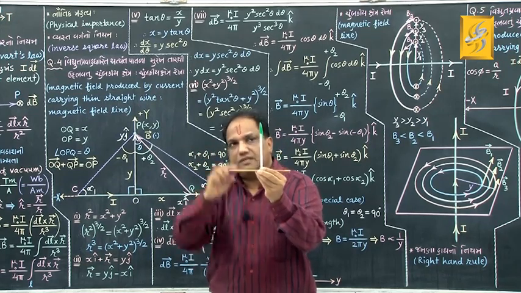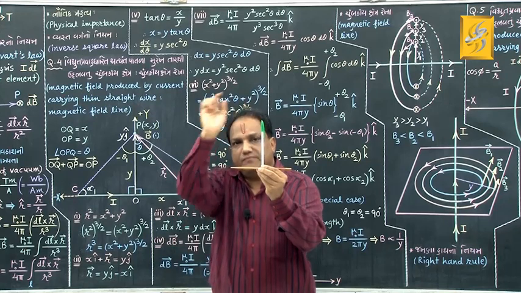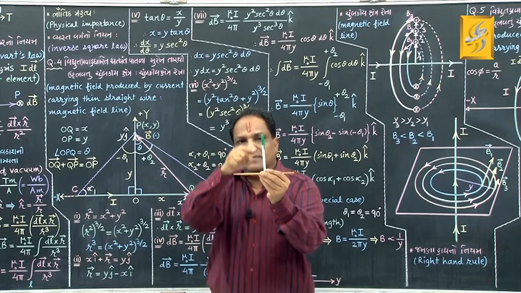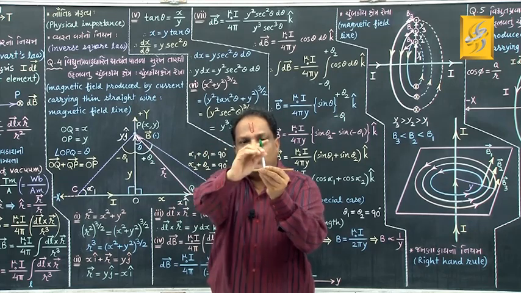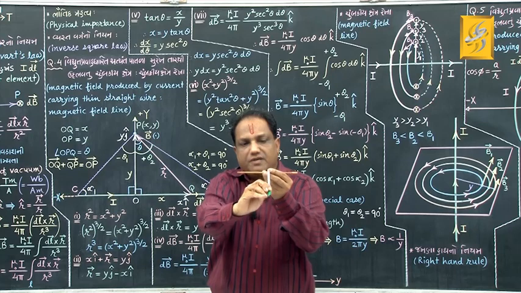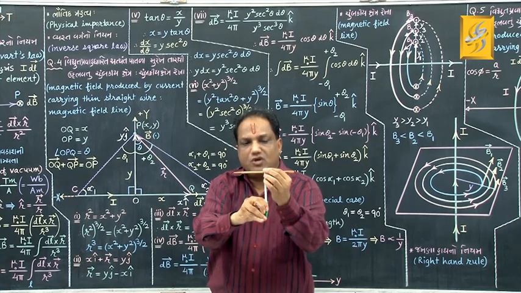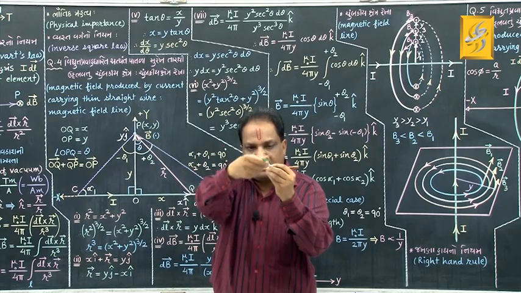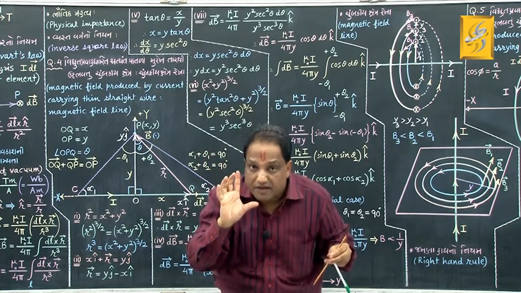But it is not necessary that point P be here only; you can take it here also, or here, and the perpendicular distance is still y. So, think of a circle having radius small y.